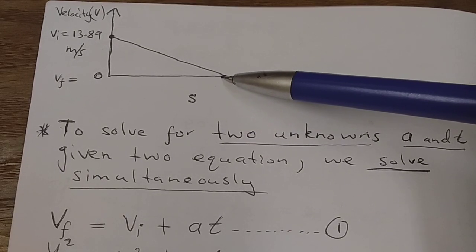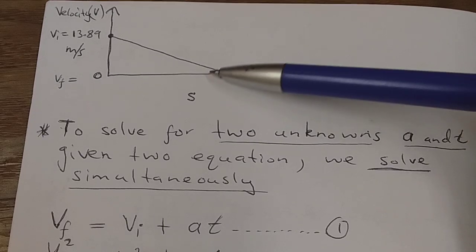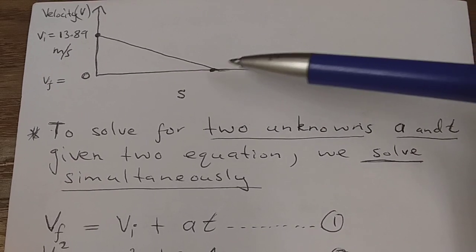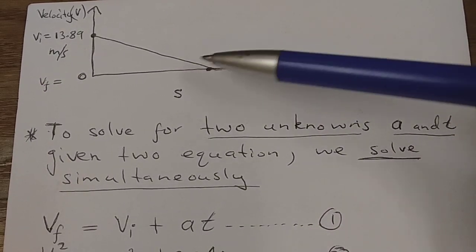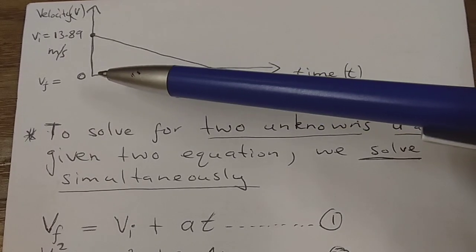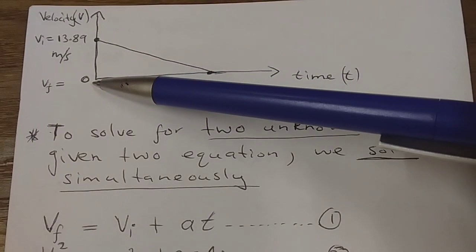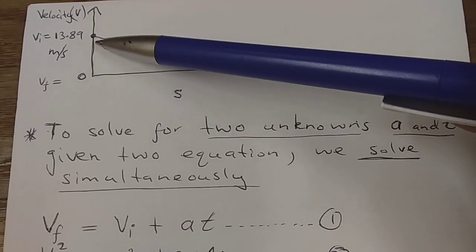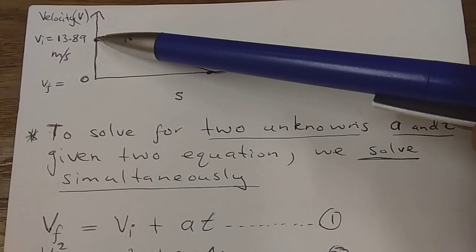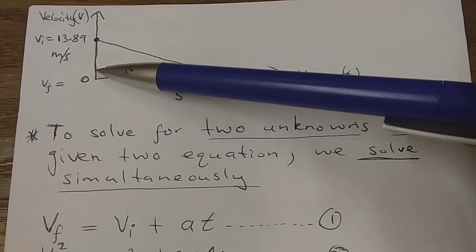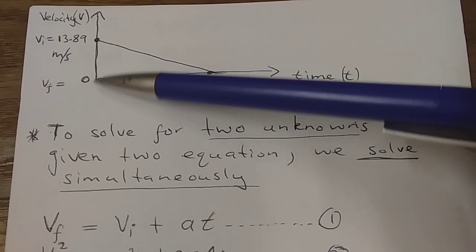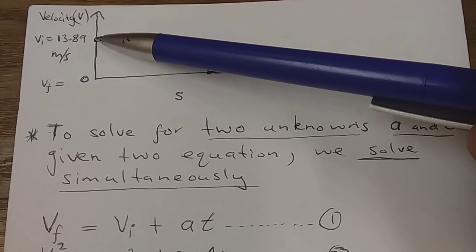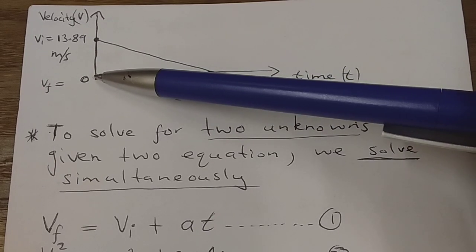We don't know what time it is when the distance was 35. What we know is that the v initial was 13.89 and the final velocity was 0.